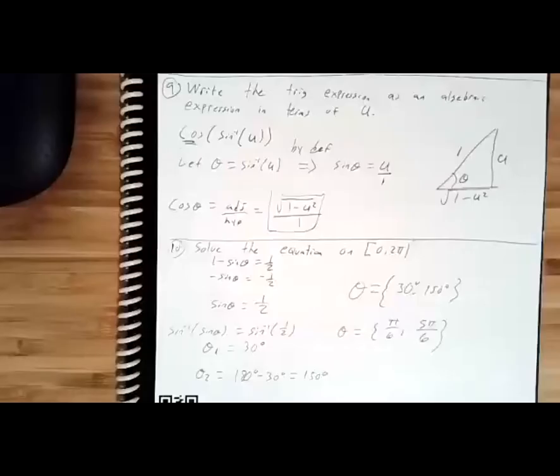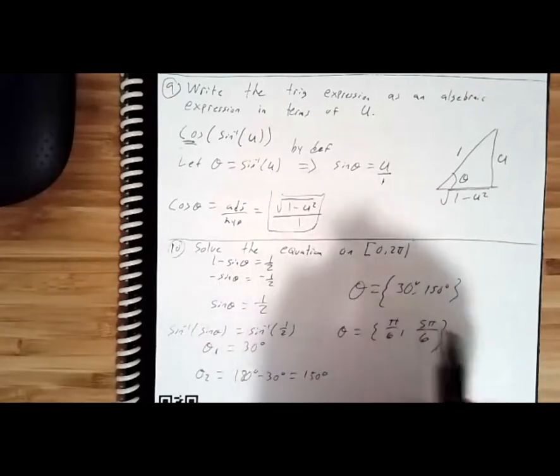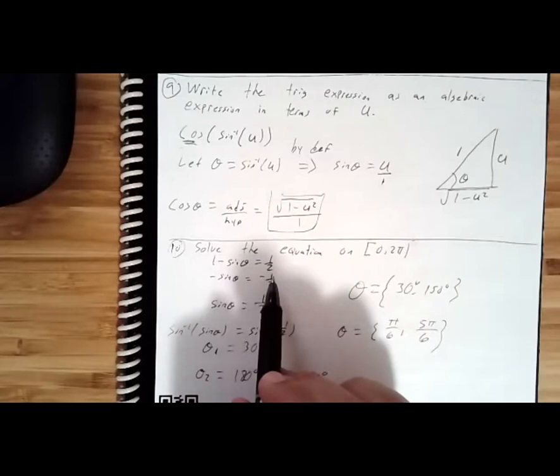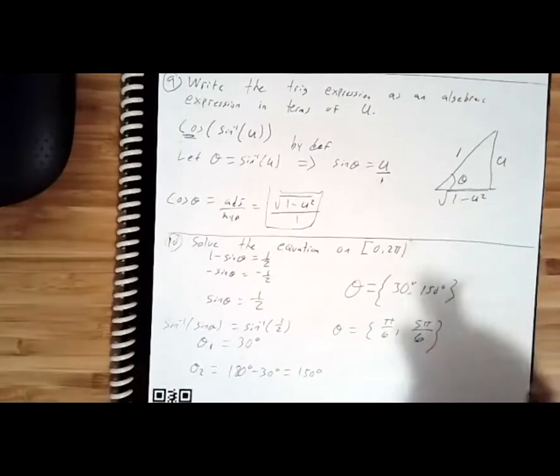Yes. What's up? Can you explain how you got rid of that one again at the very top? The negative? Yeah, it's 1 minus sine. So how did you get rid of the 1? Yeah, let's show our scratch work over here.